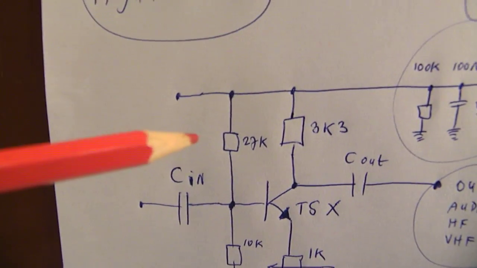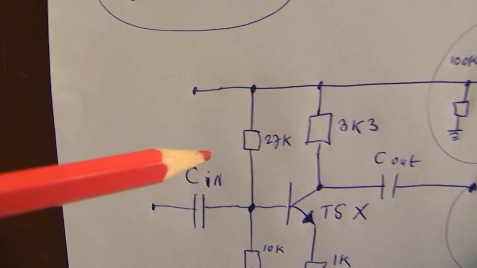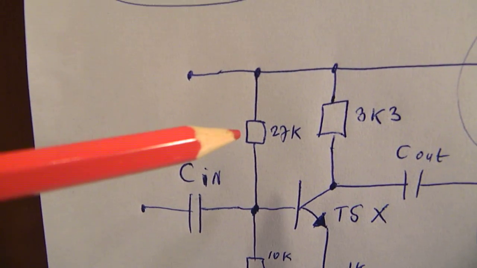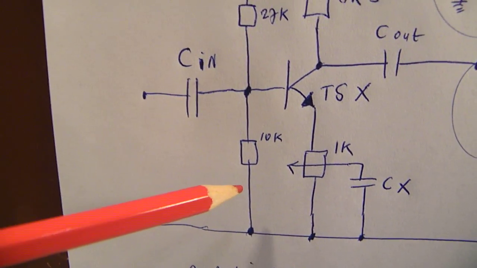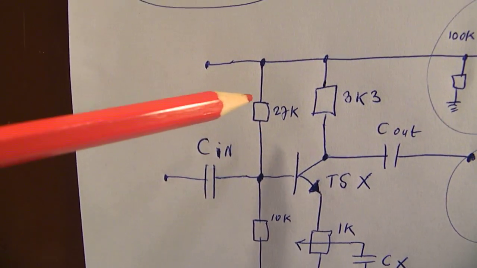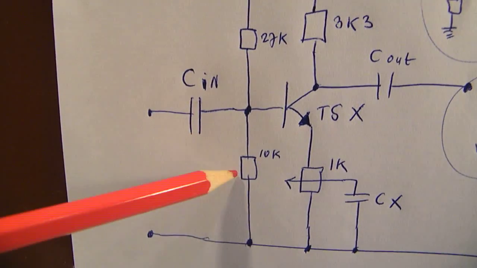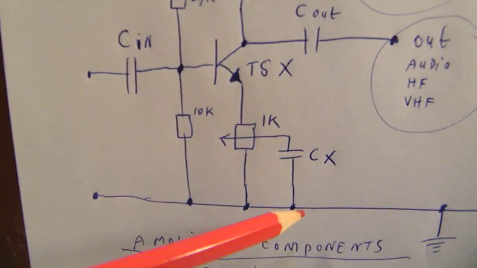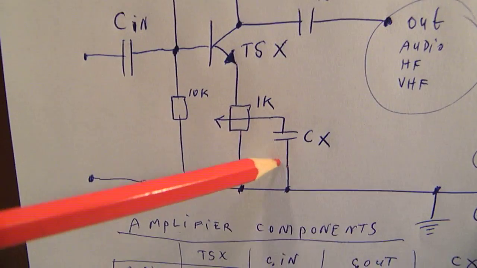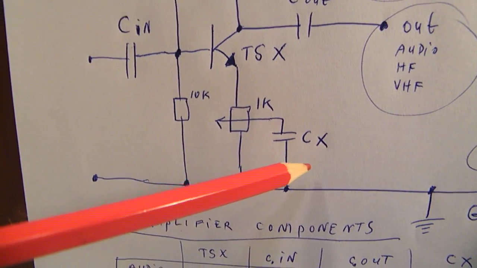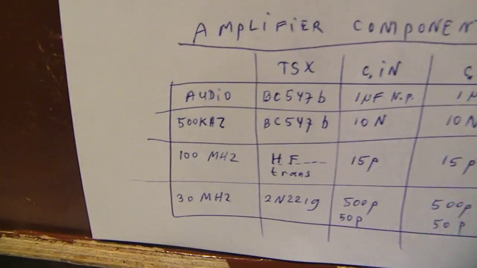But for this amplification circuit, these values here and here are always properly 27K, 10K. However, for all frequency bands, this cap is decisive. And I made a table here.